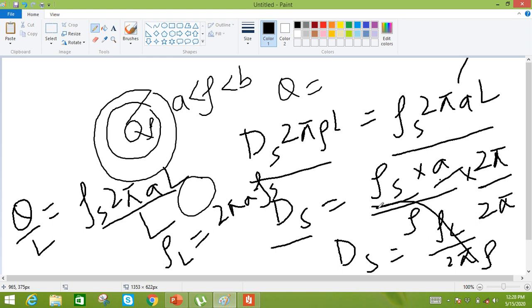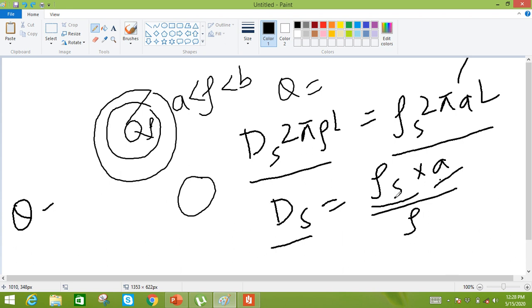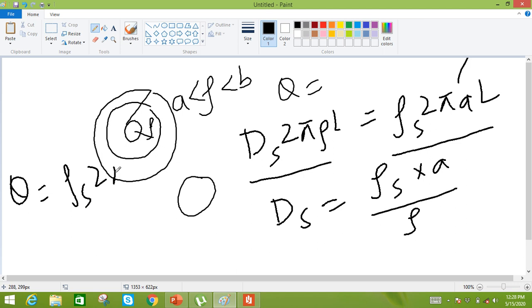Before, ds was equal to rho s into a divided by rho. Now we know that Q is equal to rho s 2 pi AL जब हम चार्ज पर यूनिट लेंथ लेते हैं.